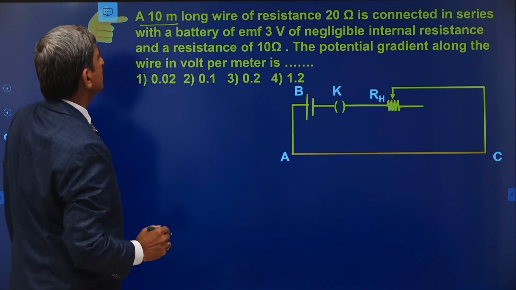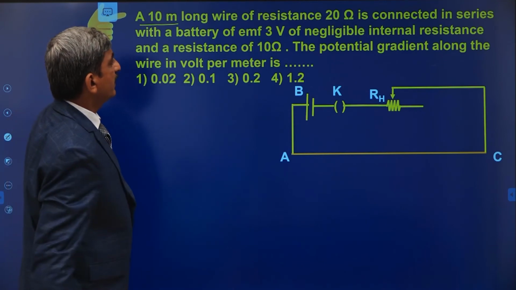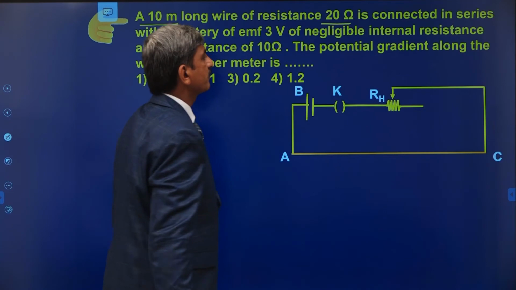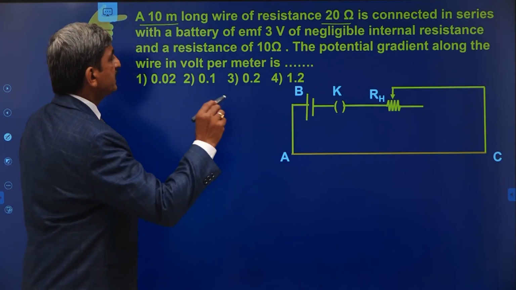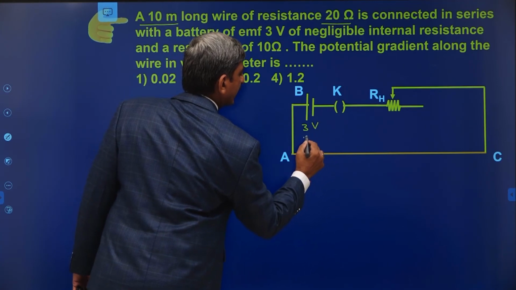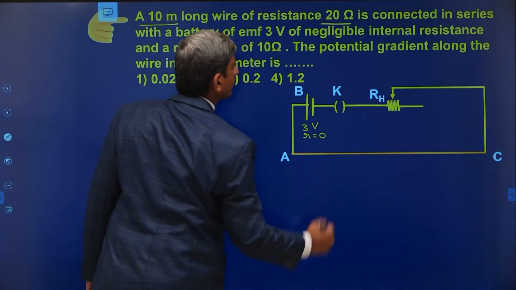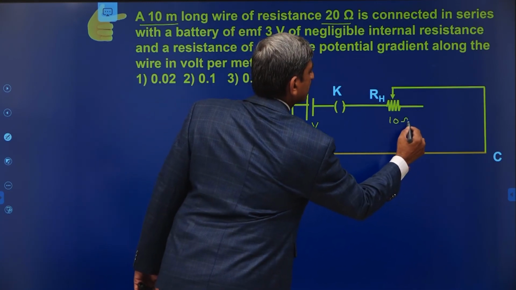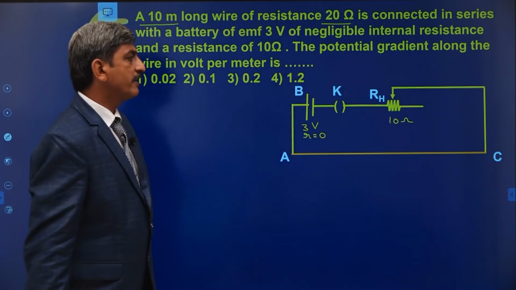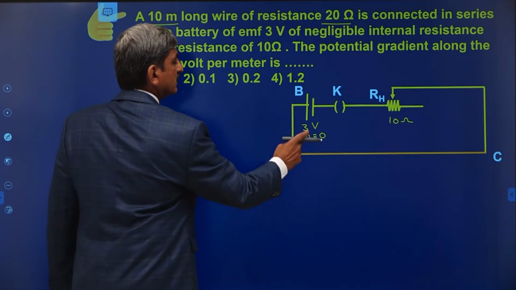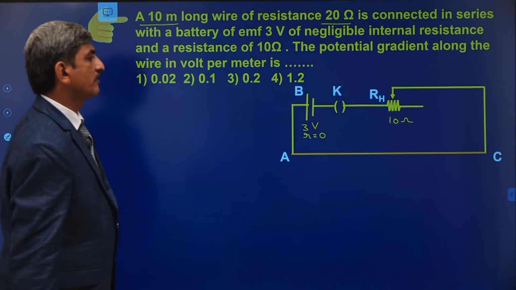The length of the wire is equal to 10 meters and the resistance of the wire is equal to 20 ohms. Now it is connected in series with a battery of EMF 3 volts, negligible internal resistance, and a resistance of 10 ohms like this.